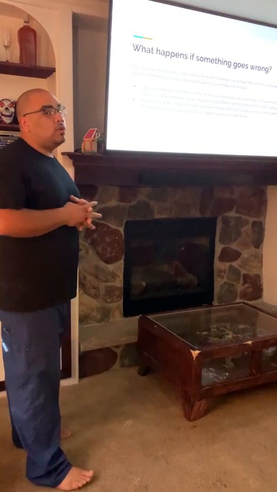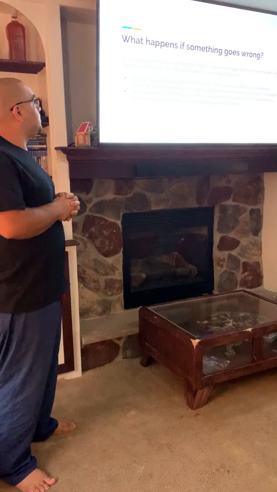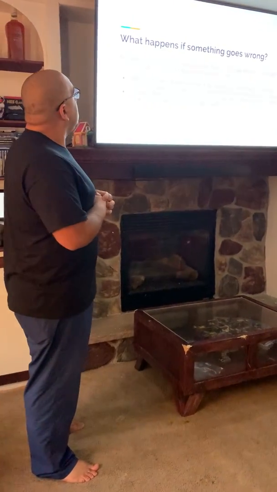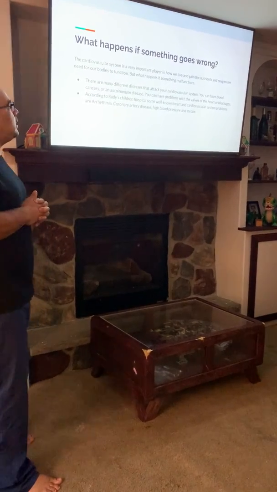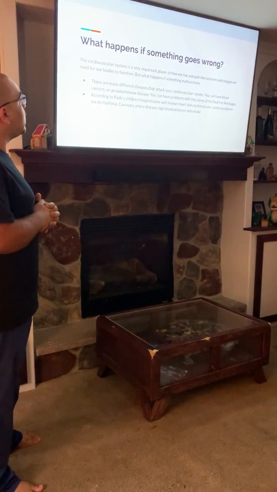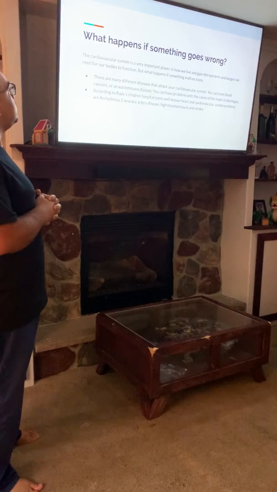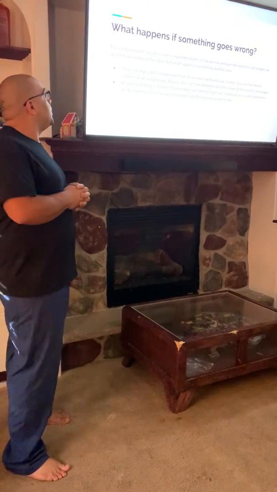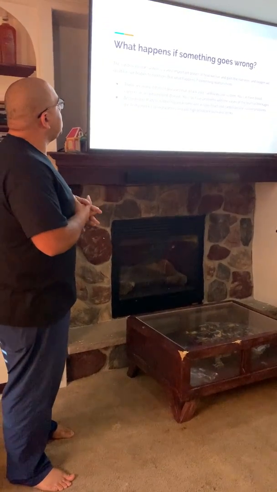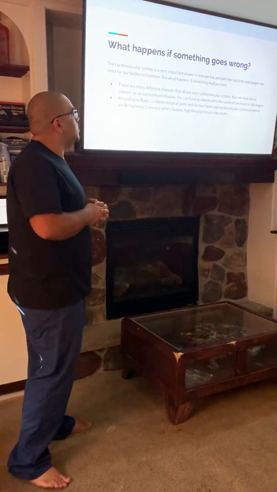What happens if something goes wrong in the cardiovascular system? Well, the cardiovascular system is a very important player in how we live and gain the nutrients and oxygen we need for our bodies to function. What happens if something malfunctions? Well, there are many different diseases that attack your cardiovascular system.